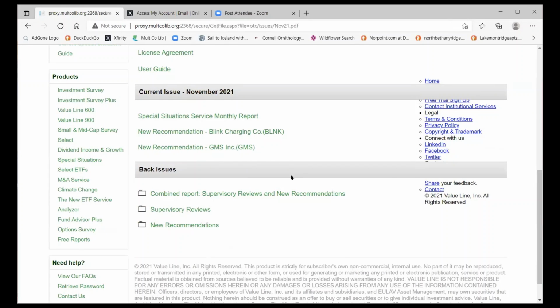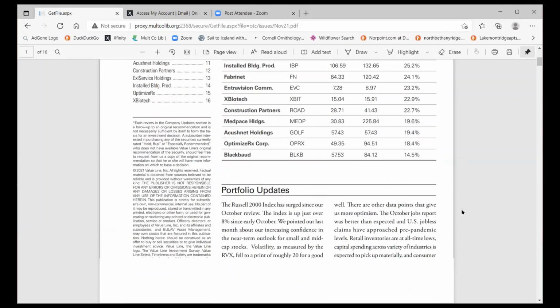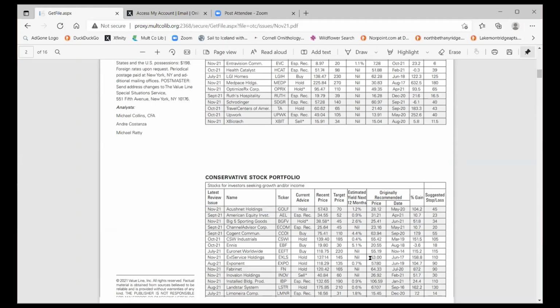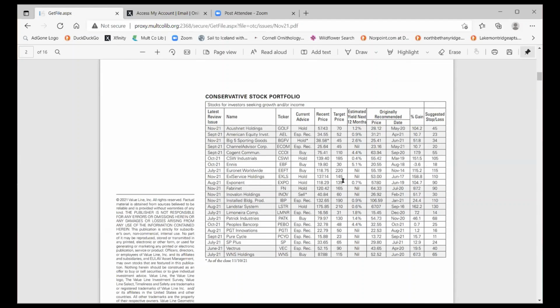I look at the report and I pull down to these two, the portfolios, to see if there's anything in the portfolio that I might be interested in. First thing I look at is yield. Tends to be zilch. And this one will have a little more yield, but still not all that much. And again, I'm looking for changes, what has changed here.